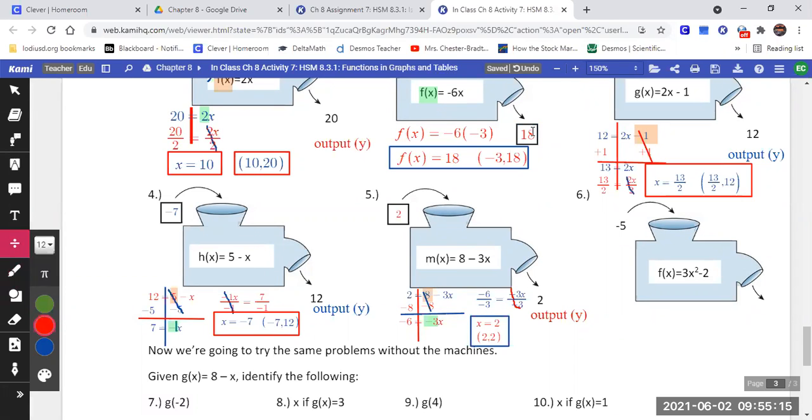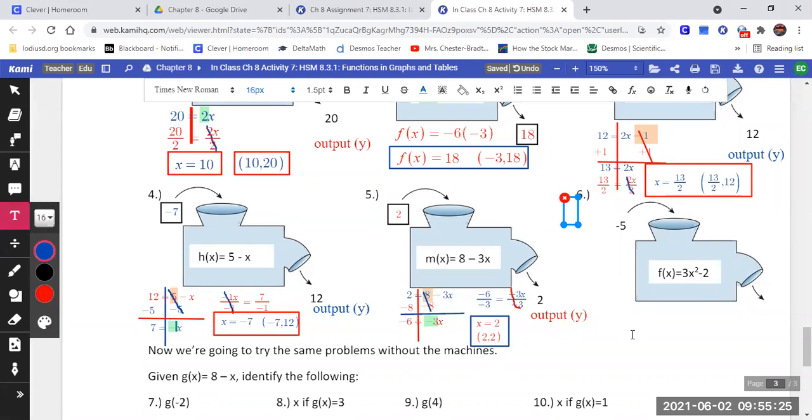So did they give me an input or an output this time? Because we're up here at the top. So is that an input? It's an input, which stands for what piece of our equation? The x. So we're going to replace the x in our function with -5.